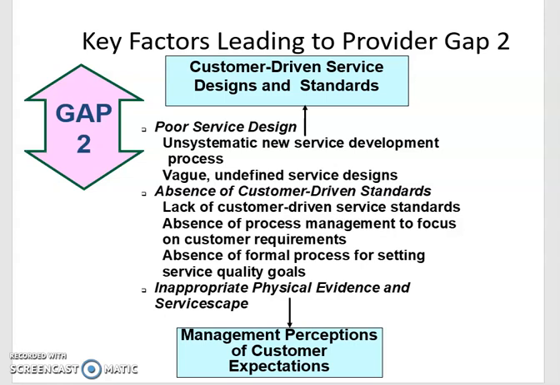Here the key factors to be indicated are the customer-driven service standards, as well as the management perception of the customer expectations.